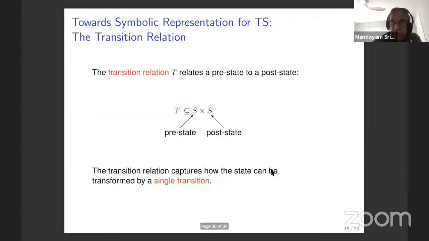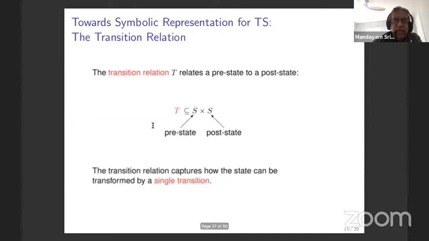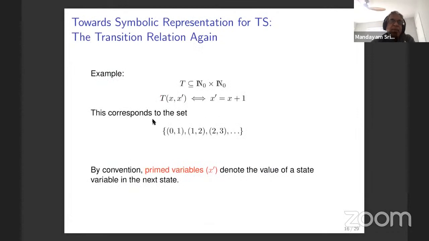So going back to the transition system, we have a set of states, S is one particular state, and S.x is the value of some variable x in a state. So T is a subset of, in the example that I'm saying, just one variable.